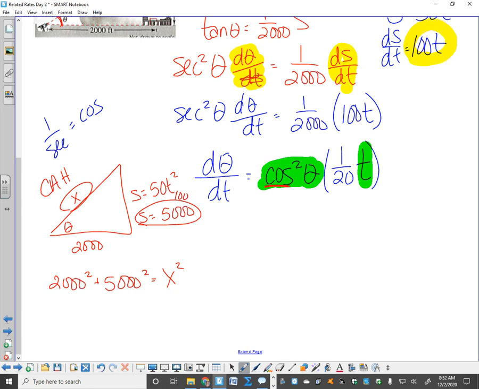Okay, so I'm going to leave it as the square root of 29 million. I tried square rooting and it gave me decimals, and I really don't want to go decimals until the very, very end.